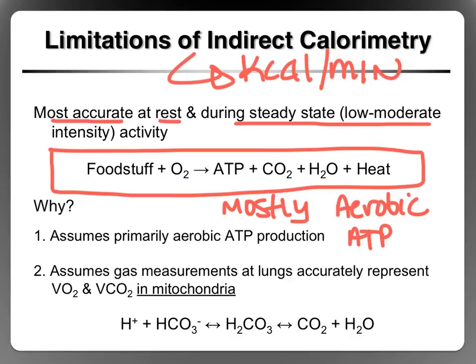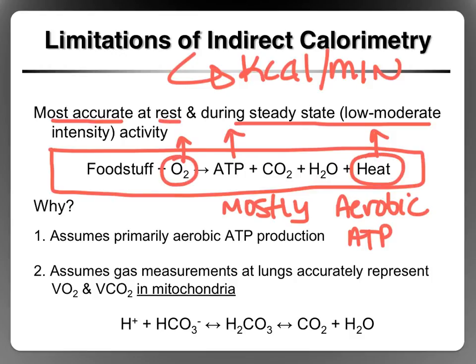If one thing here increases, they all increase, okay? So if most of your ATP is aerobic, then all of these things are going to increase together. So as you're using more ATP, you're producing more heat, you're also using more oxygen.